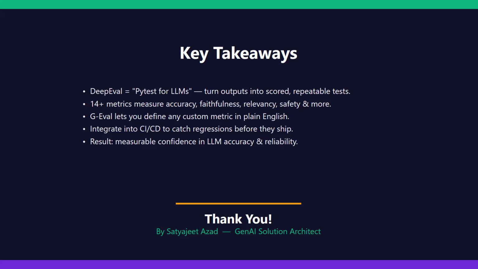The entire DeepEval will cover the entire workflow of your AI systems, because evaluation, testing, red teaming, everything can be done through this one framework, right? So this is what I just wanted to explain.